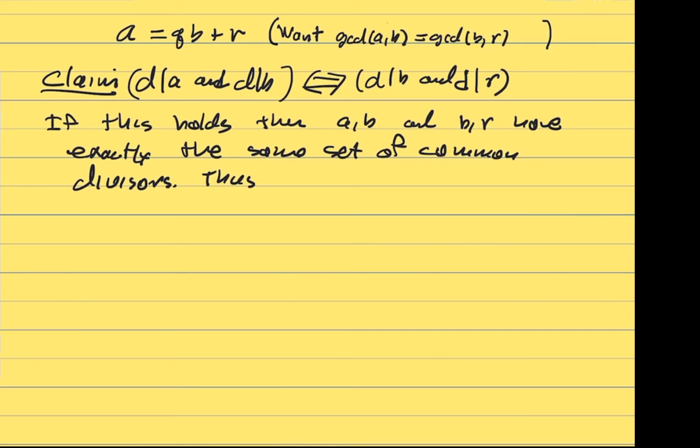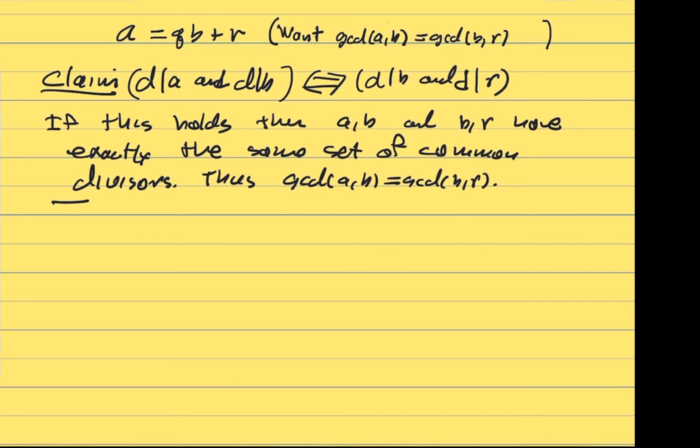Thus, in particular, they're going to have the greatest common divisor. Thus, the GCD of A and B will equal the GCD of B and R.